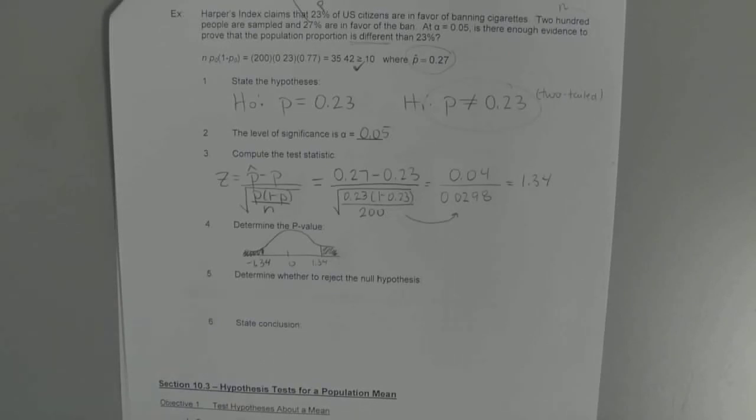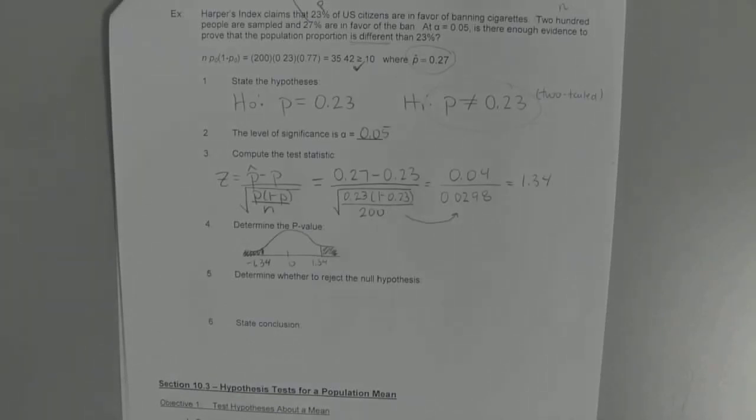Of these two tails, which one's easier to calculate? The negative. Why? Because it's on the left side. So what we can do, guys, is look up negative 1.34 and see what its area is. But that will be the other tail's area too. So you can either add them together or just double it.